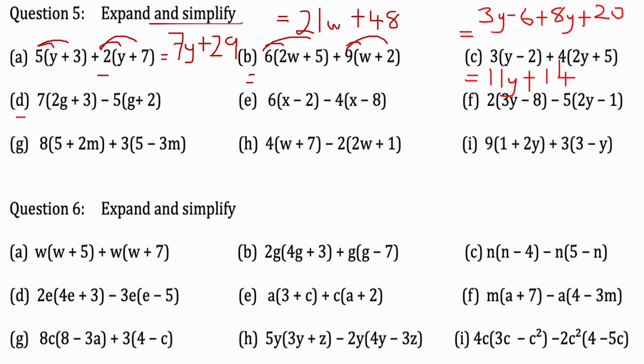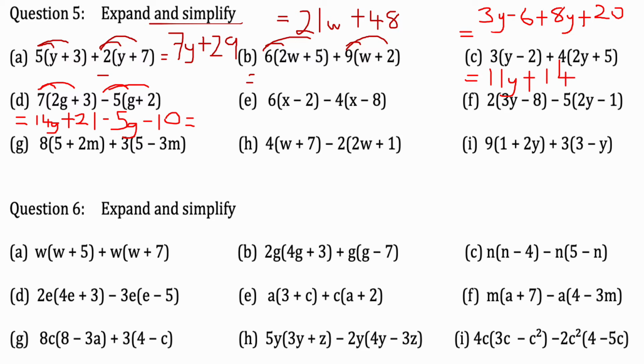Part D, guys, expanding sets of single brackets. 7 lots of 2g becomes 14g. 7 lots of 3 becomes 21. Minus 5 lots of g is minus 5g, and minus 5 lots of 2 is going to be negative 10, because a negative times a positive gives me a negative as my answer.